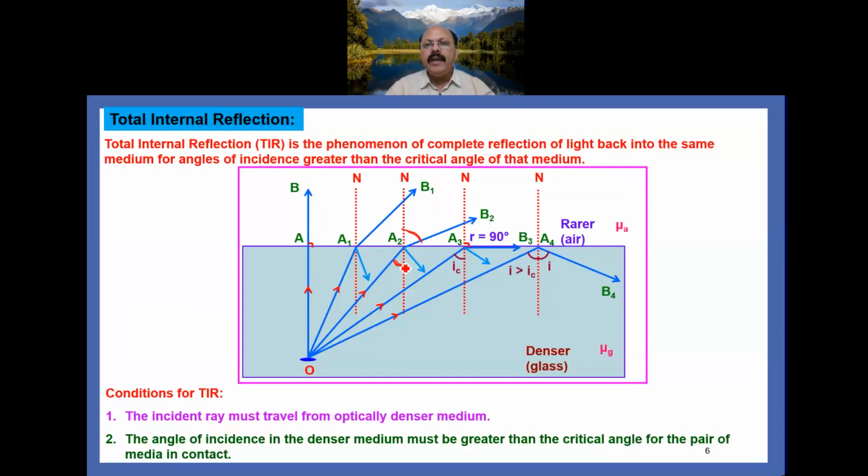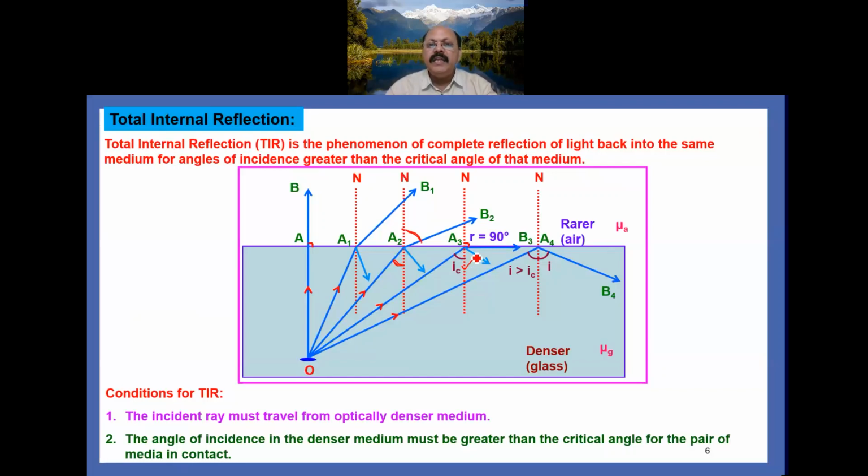So at a particular angle of incidence, say i equal to ic, that is critical angle, the angle of refraction is 90 degrees, means the ray is refracted along A3B3, grazing along the interface. Then the angle of incidence corresponding to which angle of refraction is 90 degrees for the pair of media in contact is called its critical angle.